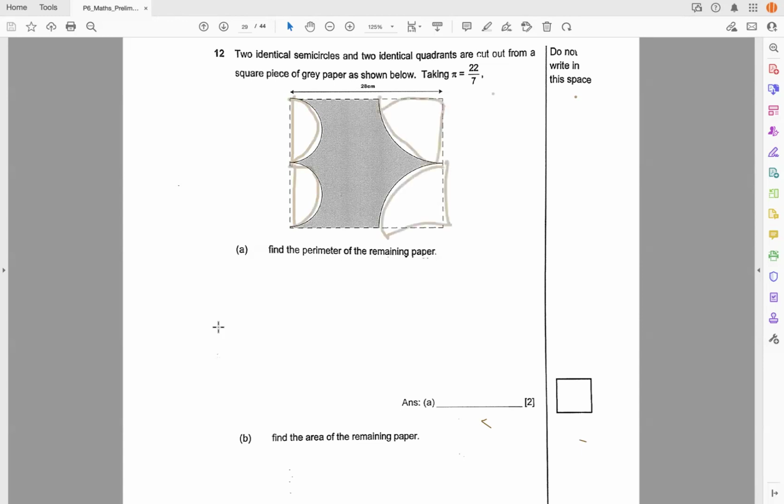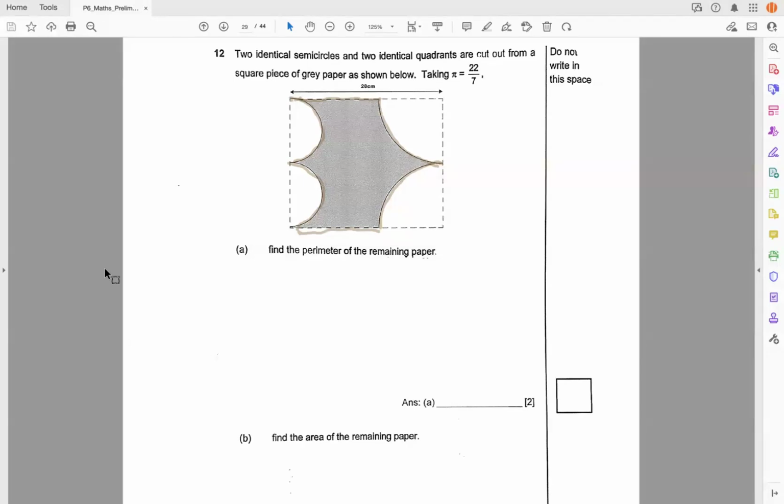Okay. Find the perimeter of the remaining piece of paper. So the perimeter we are talking about is this. This, the side of a quadrant, 2 of them, plus 2 semicircles, plus this and plus this. Okay, so this is the perimeter.